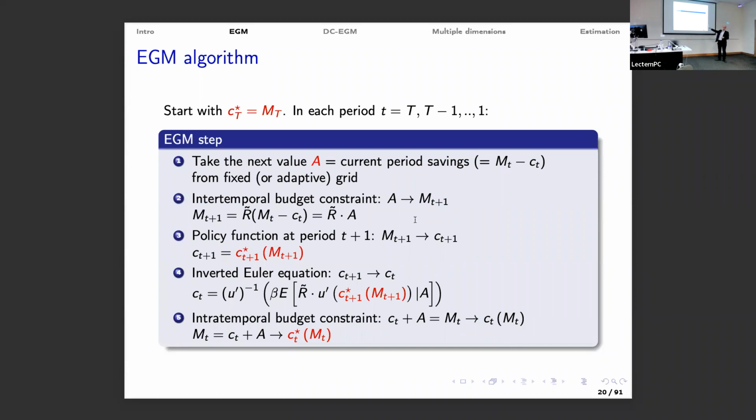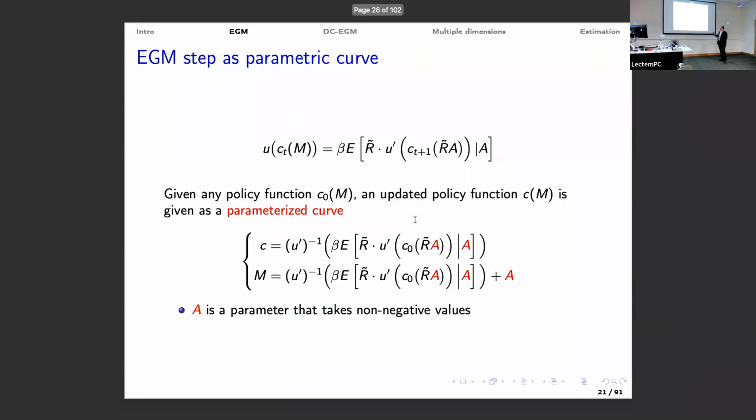You can go through these steps like I did many times to think more about the algorithm, but many of you would realize right away that what we're actually doing is reconstructing the C of M, the policy function, as a parametric curve with the parameter A. So we're choosing A as a parameter, and we're performing this inverted Euler equation calculation to reconstruct the points C and M that together give you the function, or the correspondence in principle, but hopefully a function, which is a policy function.